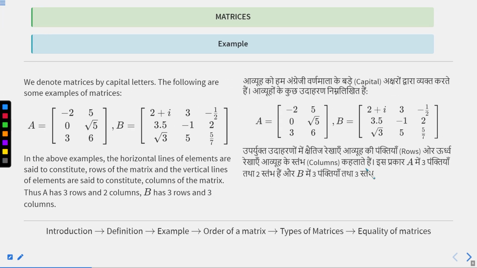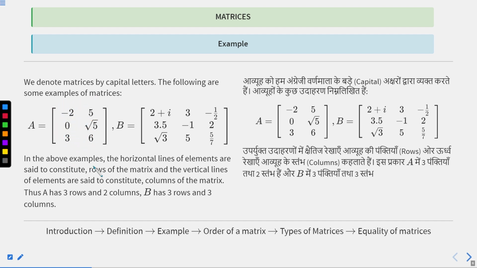Now for example, as you can see, this is my rectangular form, and my entries are -2, 5, 0, √5, 3, 6. In some context you can say each of these is representing something in its specific position.